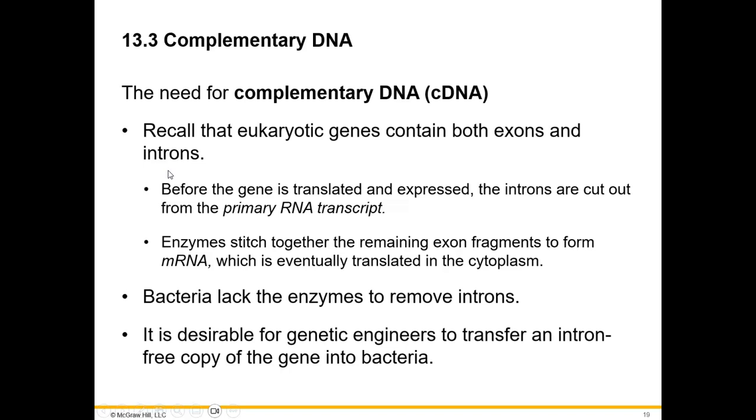We know that. It happens in the nucleus. We get that primary RNA transcript. Then alternative splicing happens where we cut out the introns and we splice together the exons in whatever order is needed for the specific protein we're trying to make. The enzymes stitch together the remaining exon fragments to form our mRNA, messenger RNA, which is then eventually translated in the cytoplasm.